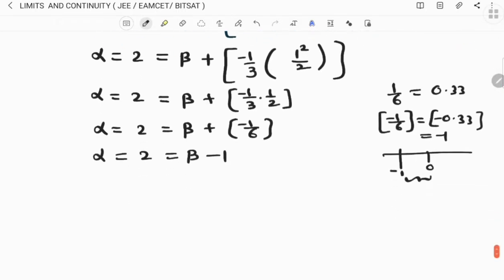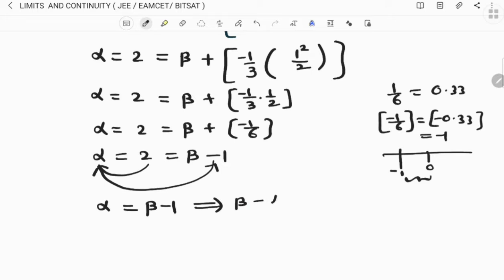They are asking to calculate the value of beta minus alpha. So equating these two. But beta minus alpha means directly you can equate these two only, no? Alpha equal to beta minus 1. That implies that minus 1 we are taking into the LHS.